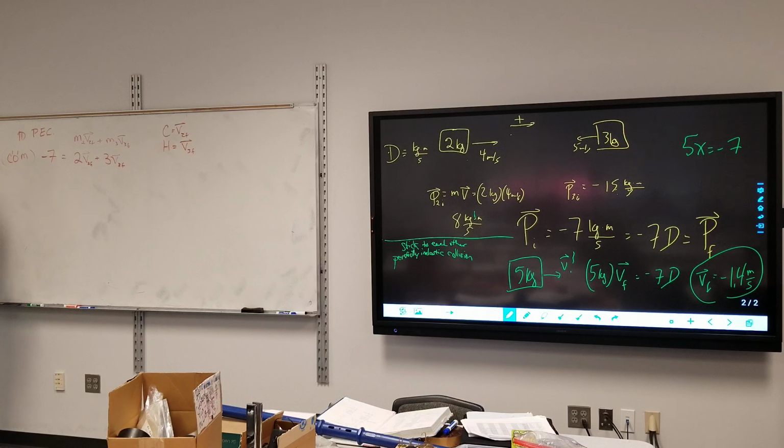Conservation of momentum. But since it's a perfectly elastic collision, kinetic energy is conserved, so I know we have K initial equals K final.